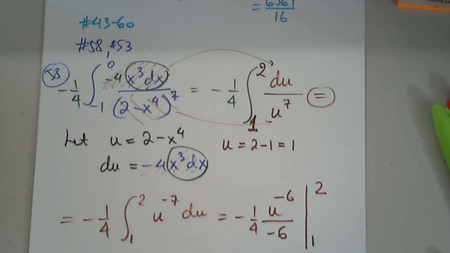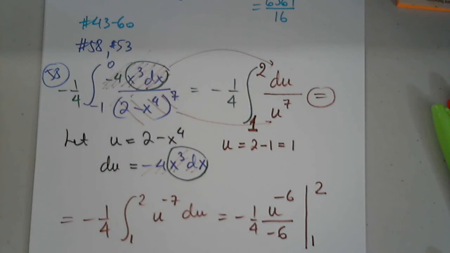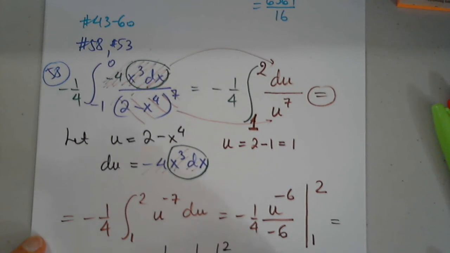We do not go back. We change the limits of integration. We don't need x anymore. The answer can be obtained equally easily. Okay, but I have to adjust this. So this is 1 over 24, u to the negative 6, or 1 over u to the 6th power, from 1 to 2.